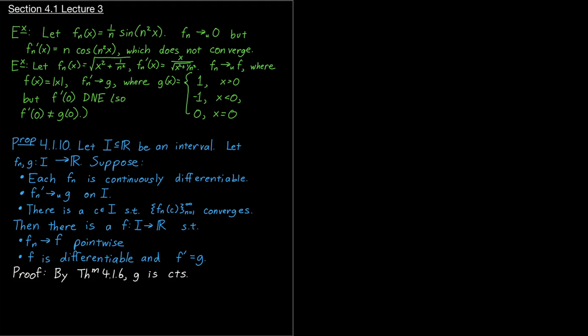All right. Now, because the fn primes are continuous, by the fundamental theorem of calculus, if x is in our interval, then we can notice that fn of x is equal to fn of c plus the integral from c to x of fn prime.